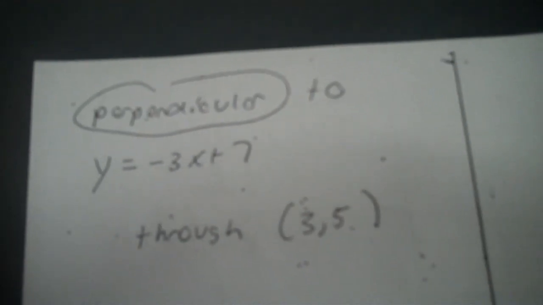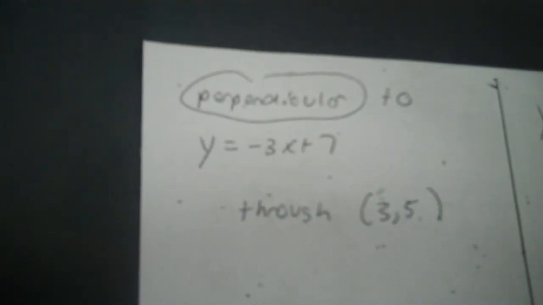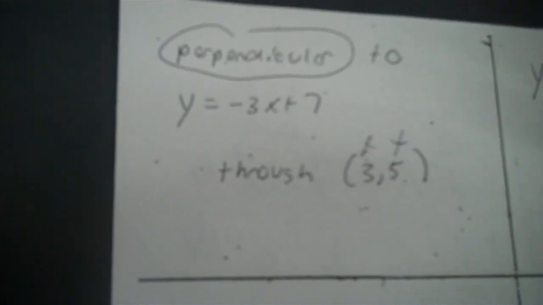Okay, now on the back side, perpendicular to y equals -3x plus 7 through 3, 5. So m and b. Okay, so my m is related to this line, but it's perpendicular, okay? So m right there, y equals mx.